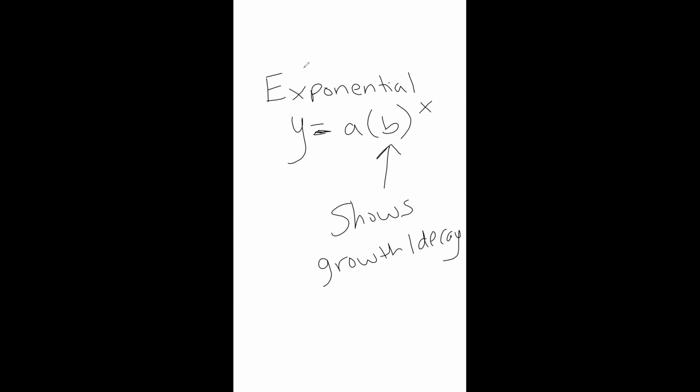So the number that's in parentheses shows the growth or decay. Remember that it's a growth if the number is 1 or more. It's a decay if the number is between 0 and basically 99 cents, because you got $1 here, 99 cents.